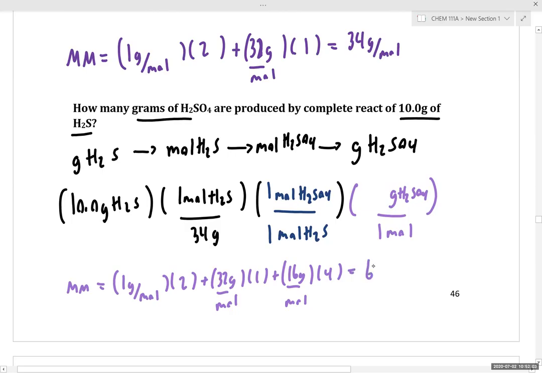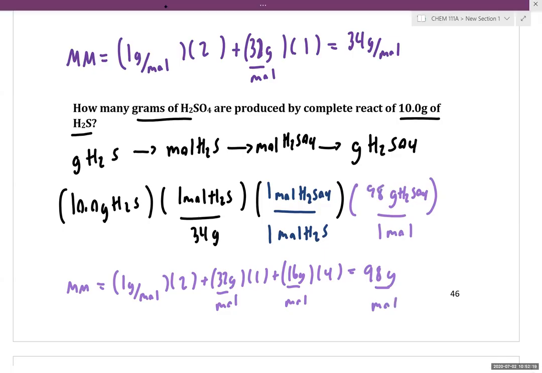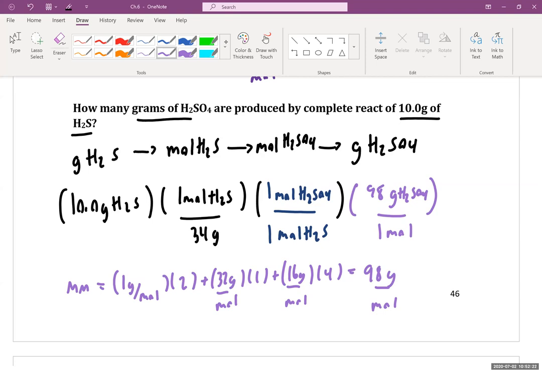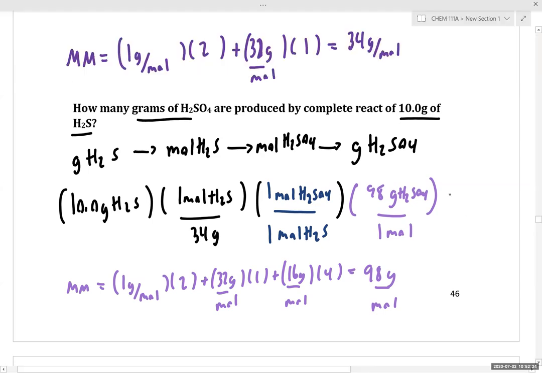So that in turn gives us 98 gram per mole. Okay, so punching this all into our calculator, that would give us 28.8 grams of sulfuric acid.